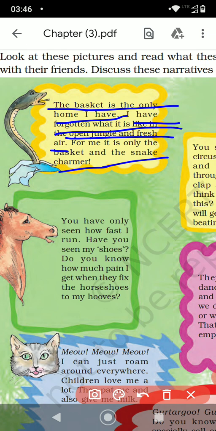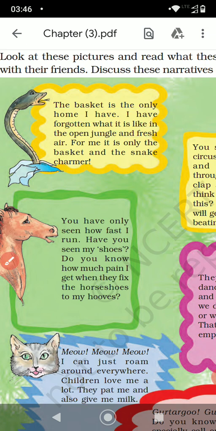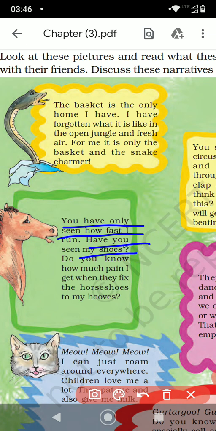Okay, then you have only seen how fast I run. Have you seen my shoes? Do you know how much pain I get when they fix the horseshoe on my hoofs? So you have seen the hoofs.